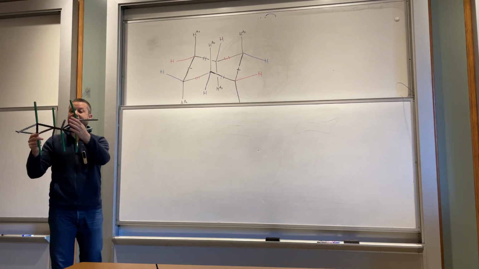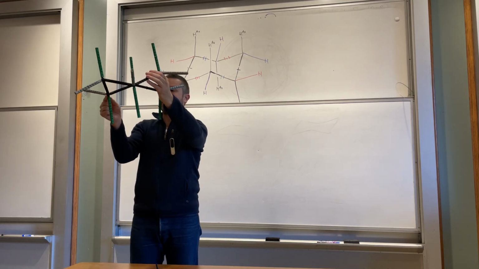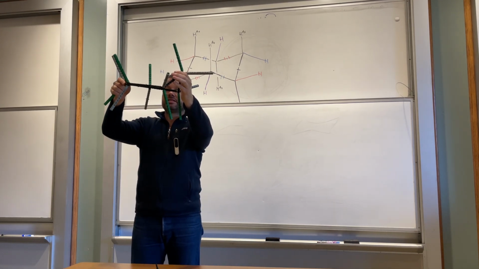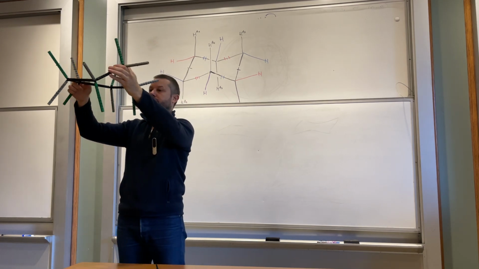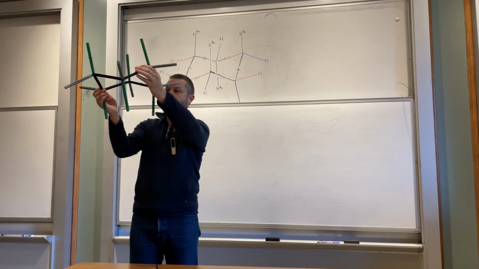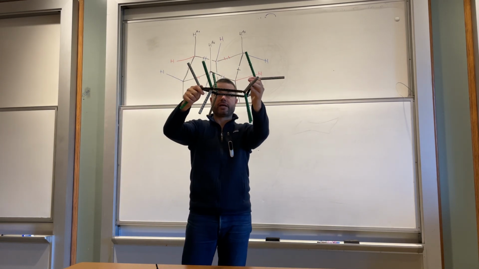To go from the boat to the half chair, all we're doing is taking one carbon and bringing it up so it's in plane with 4 other carbons in the ring.